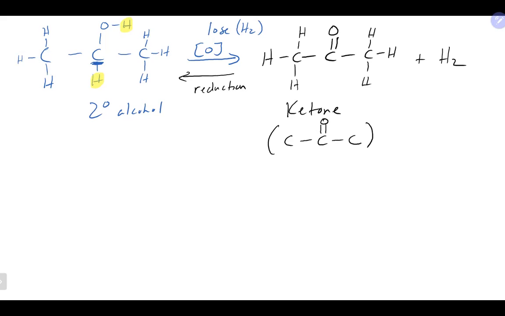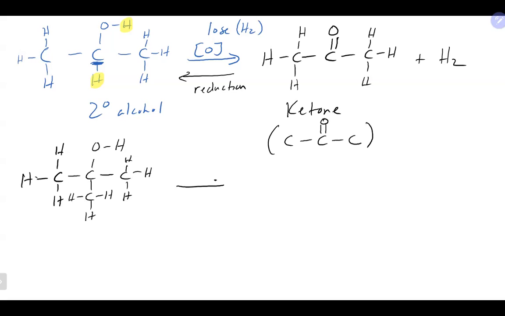Now, if we look at a tertiary alcohol, let me draw one of those guys there. We'll just build off of this guy. And we want to do an oxidation of a tertiary alcohol.